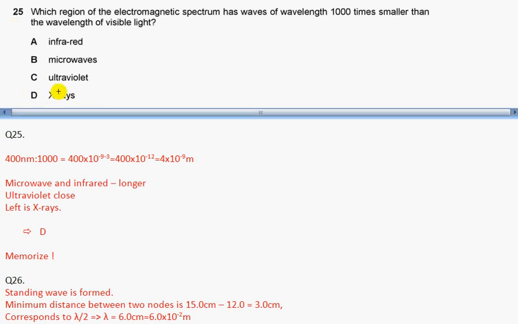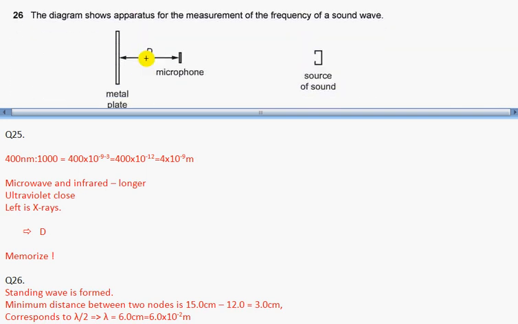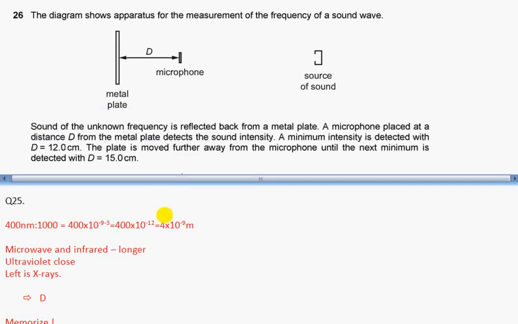So first of all, infrared is longer, microwave is longer, ultraviolet is too close, X-rays is far, so we choose D. 1000 can be X-rays, but at the same time you should memorize the typical wavelengths for all electromagnetic spectrum. That is a must for AS students.